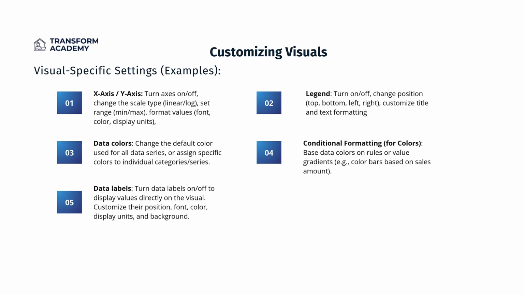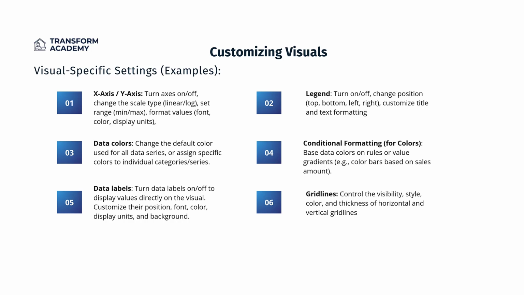Data labels. Turn labels on or off to display values directly on the visual. Customize their position, font color, display unit, and background. Some visuals allow adding secondary metrics. Detail labels. Grid lines.